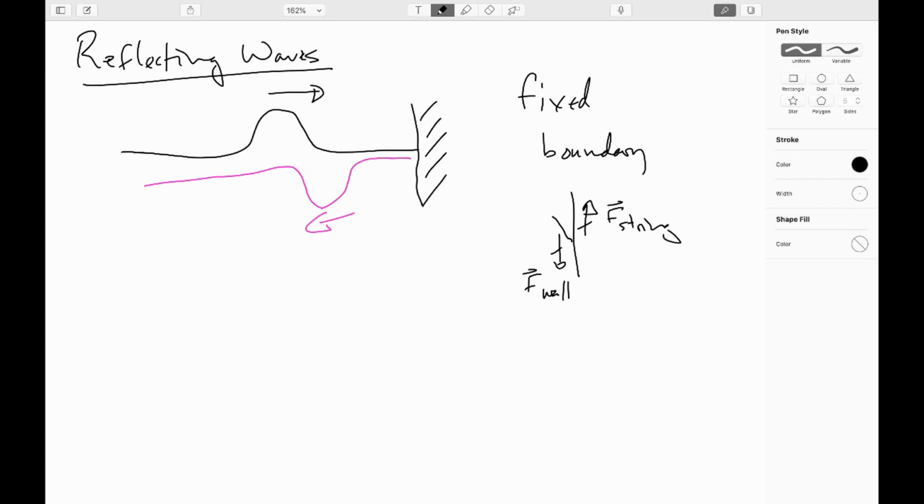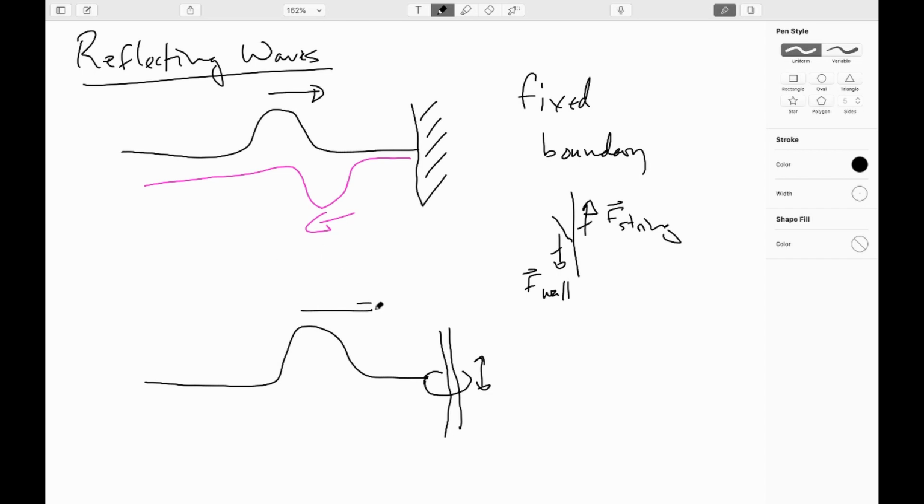Now the situation is different if you have what's called a free boundary. So say if we have our wave coming in, and let's imagine that we've got like a rod and that we've got something that's allowed to slide freely up and down the rod.